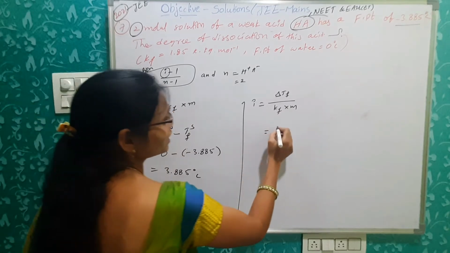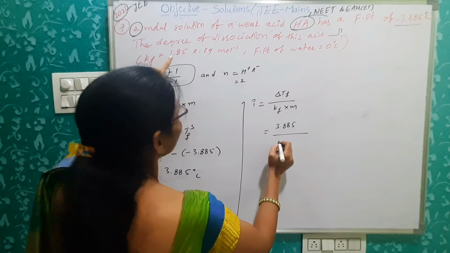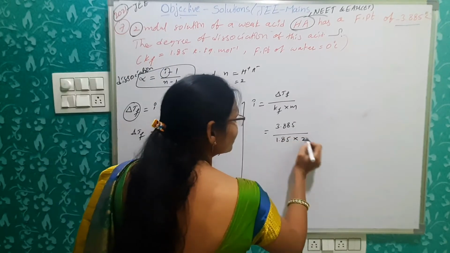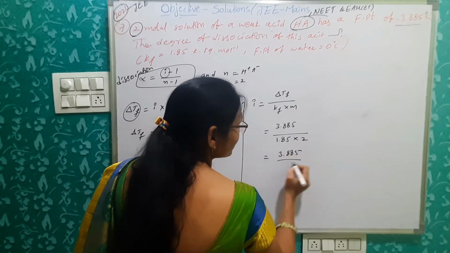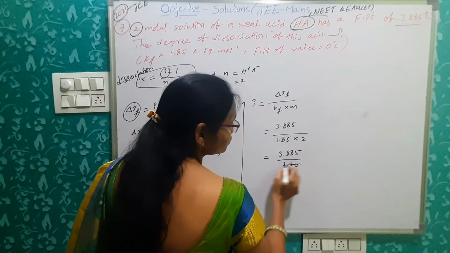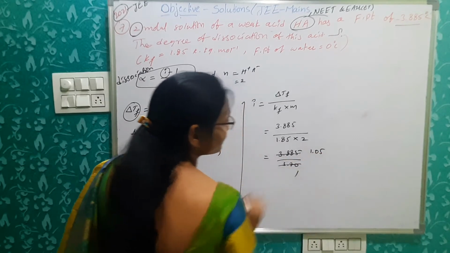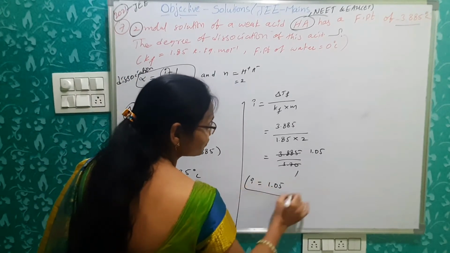Delta Tf is calculated as 3.885, Kf is given as 1.85, m is given as 2. By multiplying these two, we get almost 3.70. The i factor is calculated as 1.05.